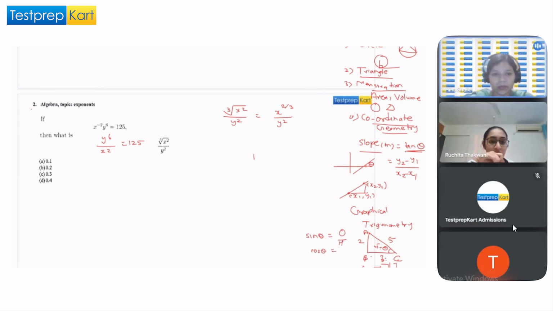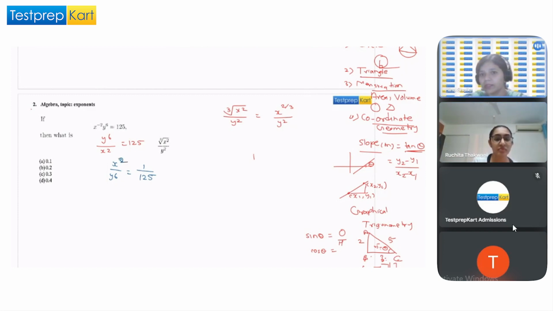So what I can do, I can write this as x square by y raised to 6 as 1 upon 125. Can I do this? Just changing numerator and denominator. Yeah. Okay. Now look here. Here what it is given 2 and here it is y square. And here the answer is given in terms of x square.